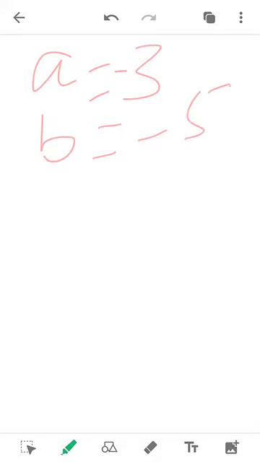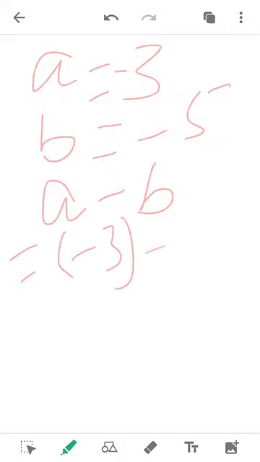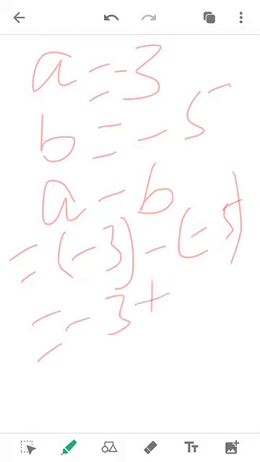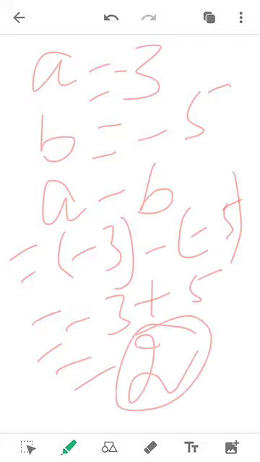The difference between them, a minus b, is equal to minus 3 minus minus 5, which is minus 3 plus 5, equal to 2. It is also an integer. It means the closure property holds for subtraction of integers.